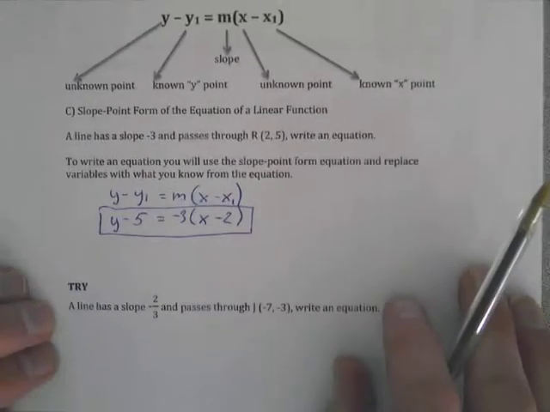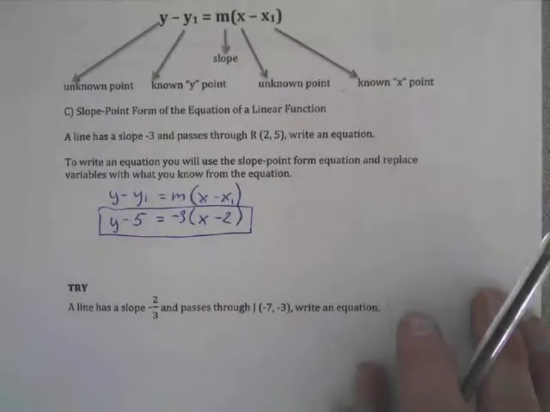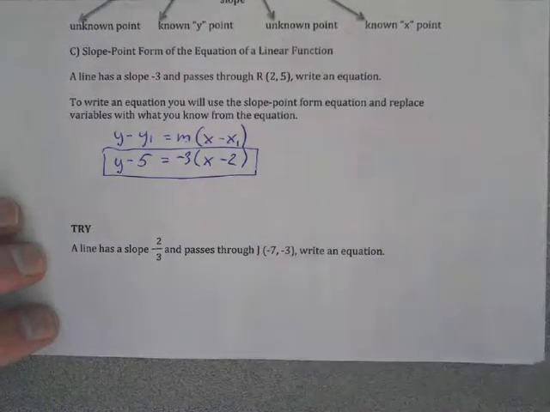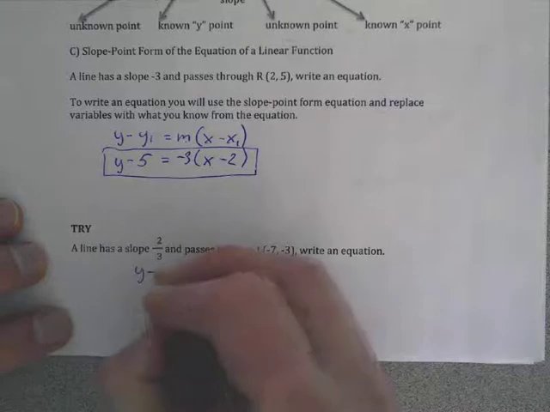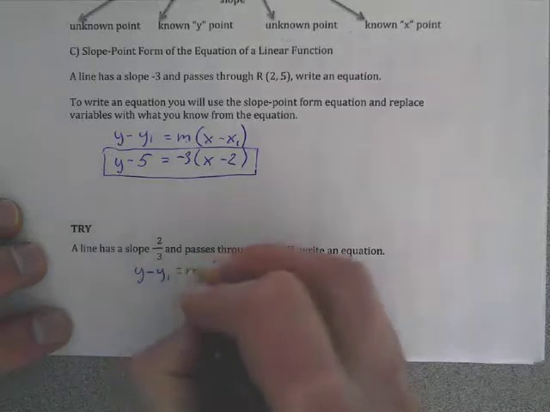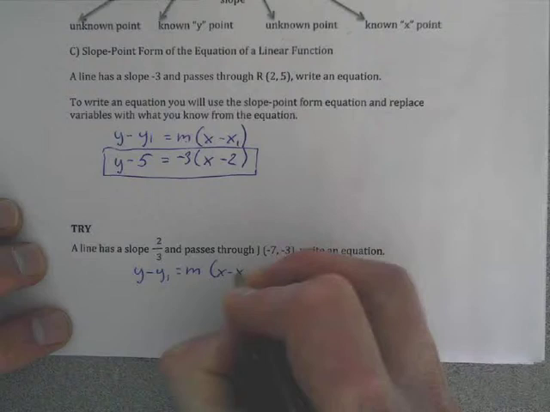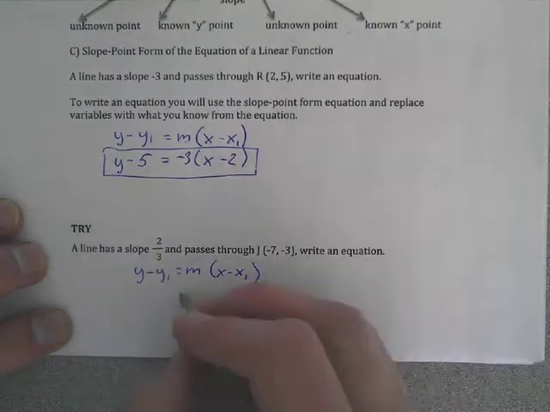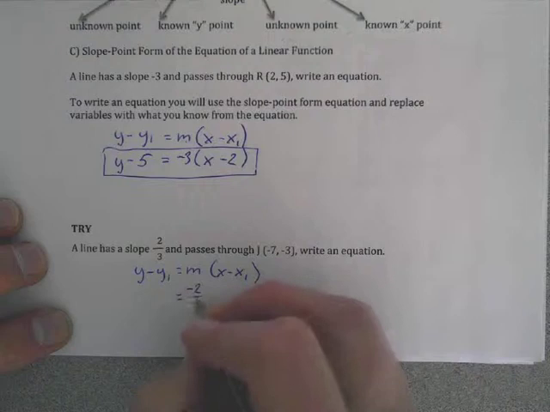So I want you to stop the tape for a minute, and I would like you to try this question down here. Once you finish it, then press play and see what I have done. So once again, you're going to use y minus y1 is equal to m times x minus x1. The slope is -2/3, so I'm going to put -2/3.